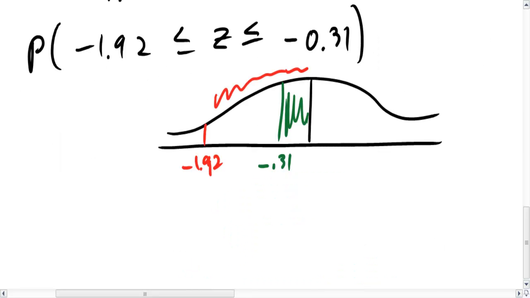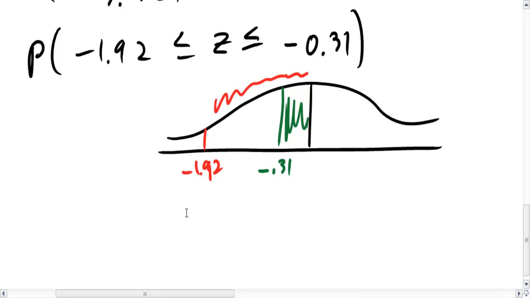Looking these up on the z-table, they obviously don't have the negatives, they only have the positives because it's symmetric, so I'm looking up 1.92, not negative 1.92. So 1.92 has a value of 0.4726, and the other z value, 0.31, has the value of 0.1217.